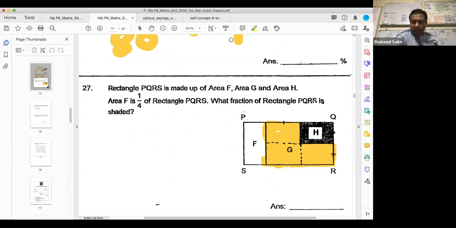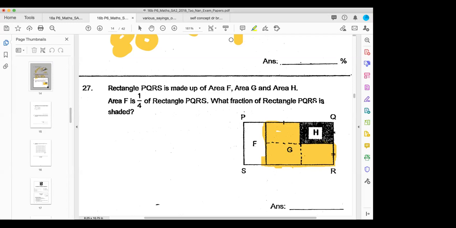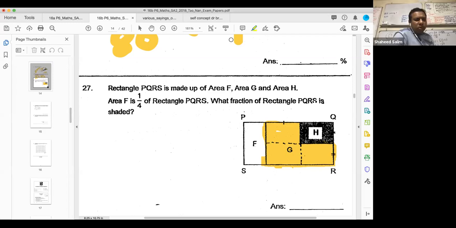Shafika, can you get it? No. Okay, I'm just going to ask you the question now. We try a very simple method, okay?